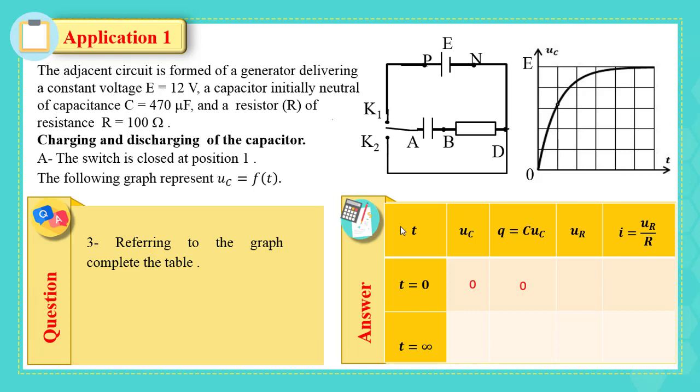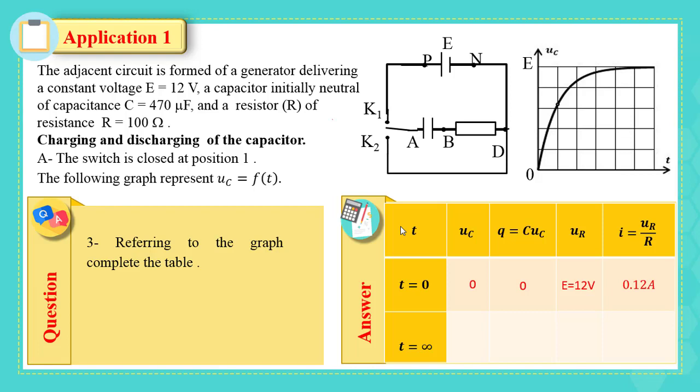UR equal 12 volt. According to the law of addition, UR equal UG minus UC, and UG is constant equal to 12 volt. And I equal UR over R. By calculation, I equal 0.12 ampere.